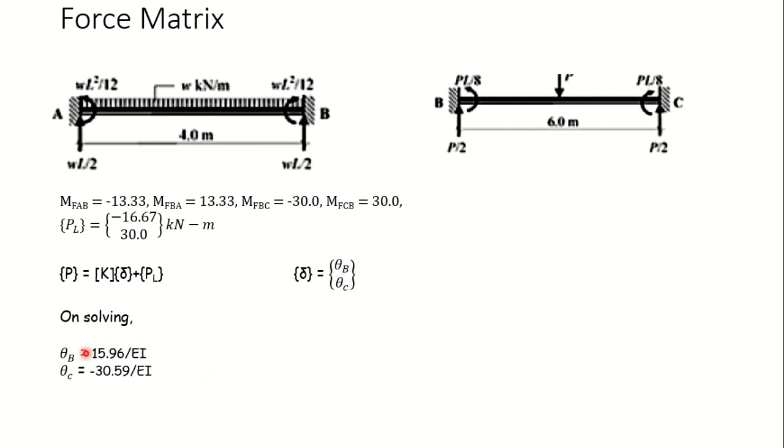Knowing theta B and theta C, we can now find the moments by applying the slope deflection equation. So use these values of theta B and theta C in the slope deflection equation, and we can get the moments at supports. Then later we can draw the bending moment diagram by the normal method we used to follow earlier.